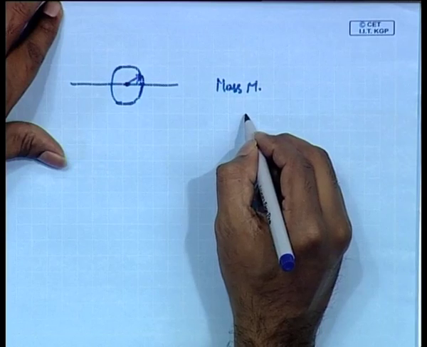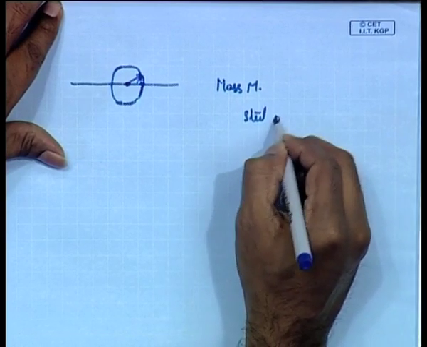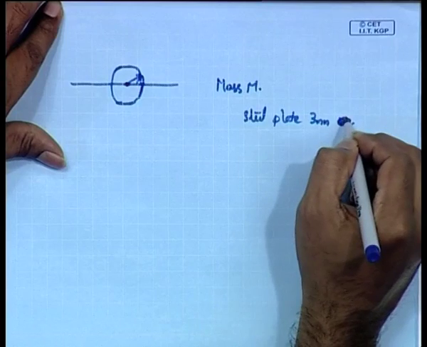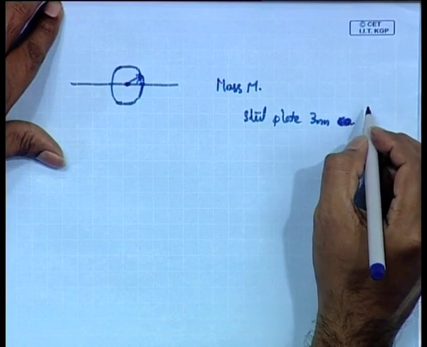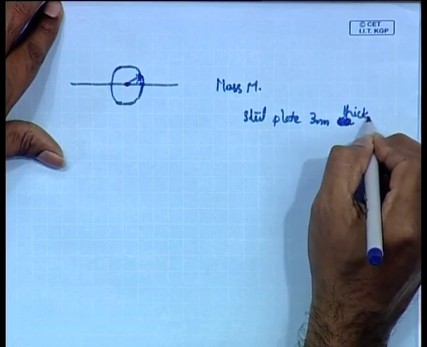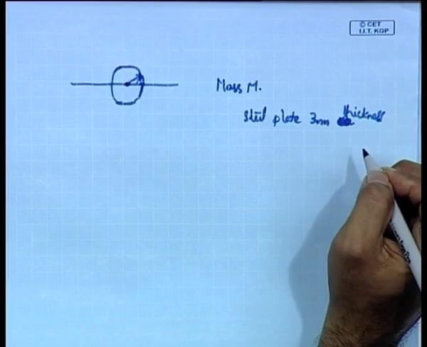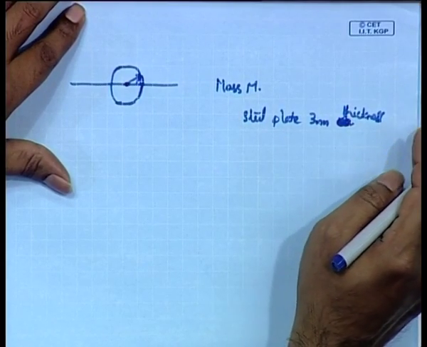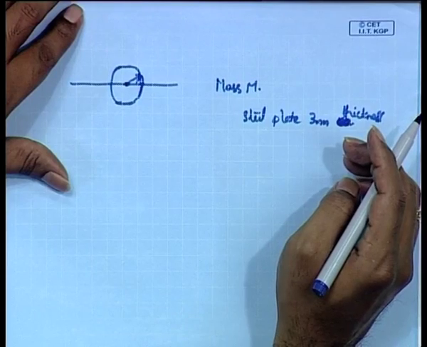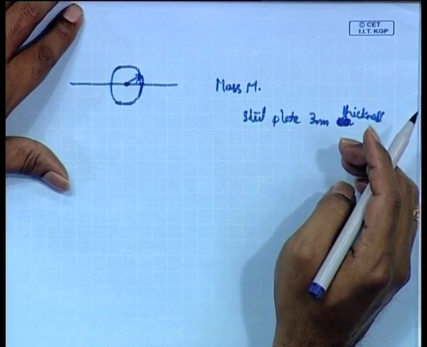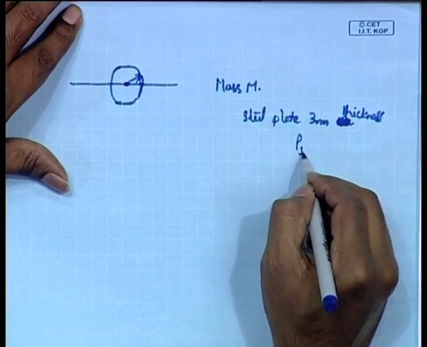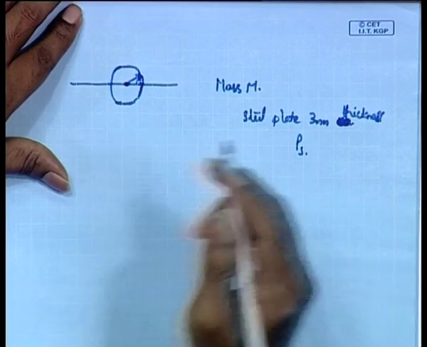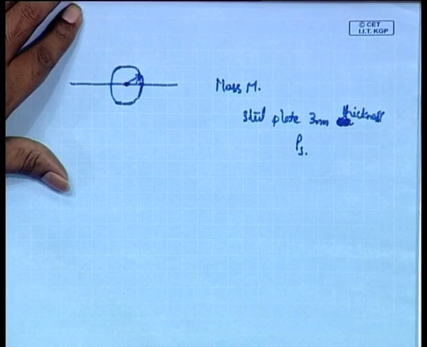It is a steel plate of 3 mm thickness, and the buoy itself has a mass capital M. Let us suppose that the density of the material of the buoy is rho s, and your question is under what condition will the body float.